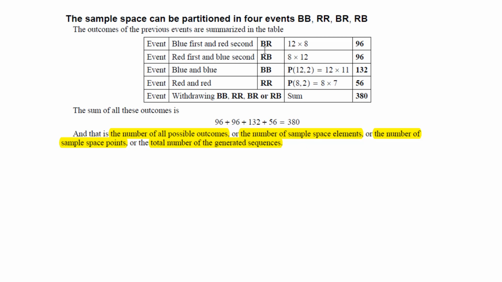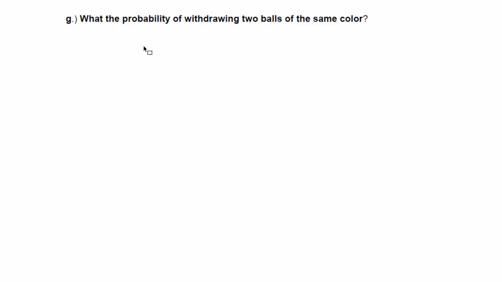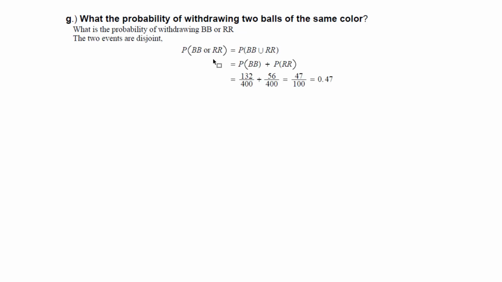And now we are going to create complex events based on these 4 elementary events. So let's start with the first one. What is the probability of withdrawing 2 objects of the same color? We can withdraw either blue-blue or red-red, and their probability is the sum of the probabilities of blue-blue and red-red.